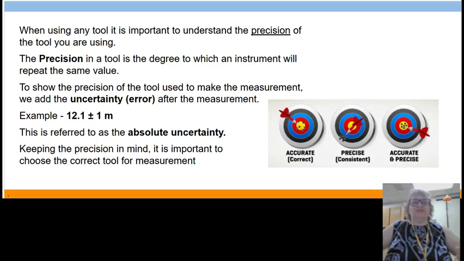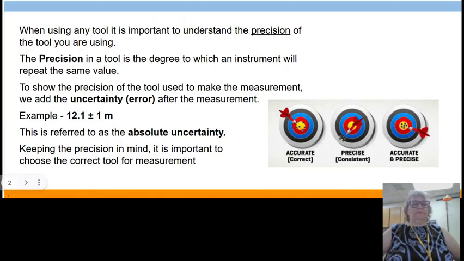For example, if you measured something that was 12.1 meters, but you were using a huge meter stick that only had meter markings on it, you would be able to say that it's 12.1 plus or minus 1 meter. This is referred to as the absolute uncertainty.